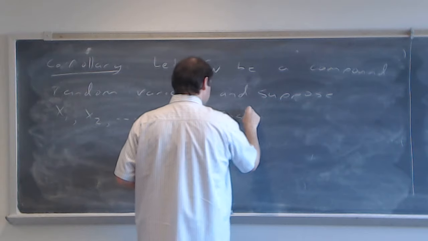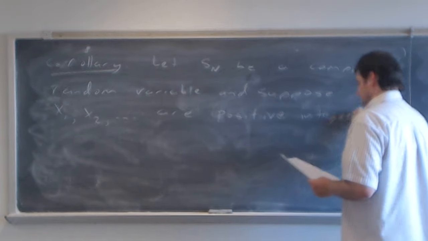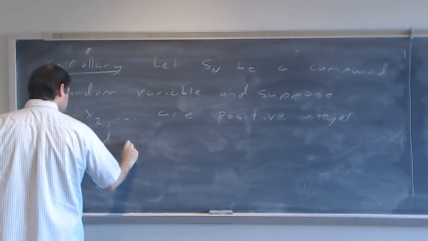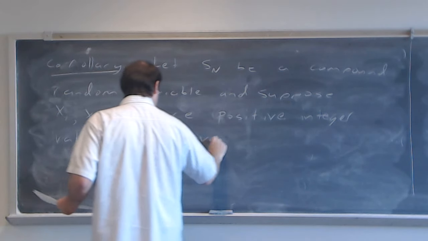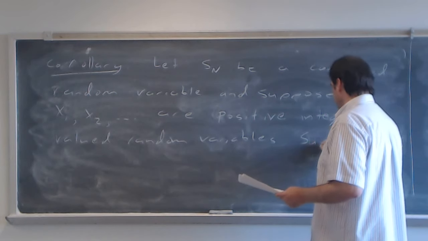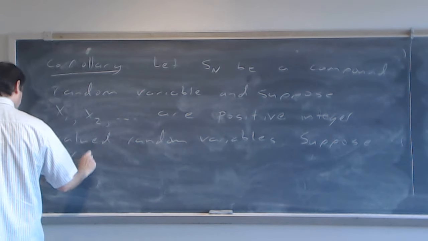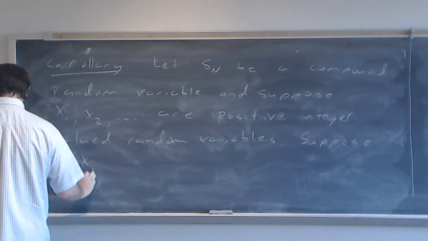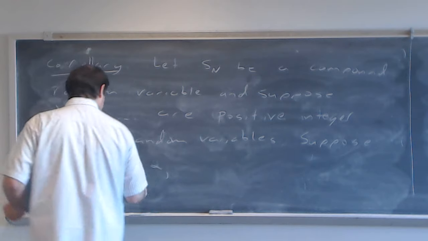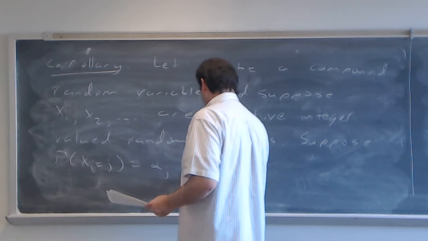That's important. Then in terms of notation, let's just say the probability that X1 equals j equals alpha sub j, for j being greater than 0.